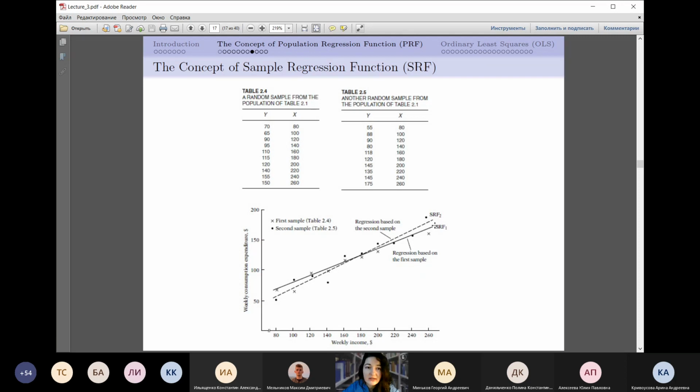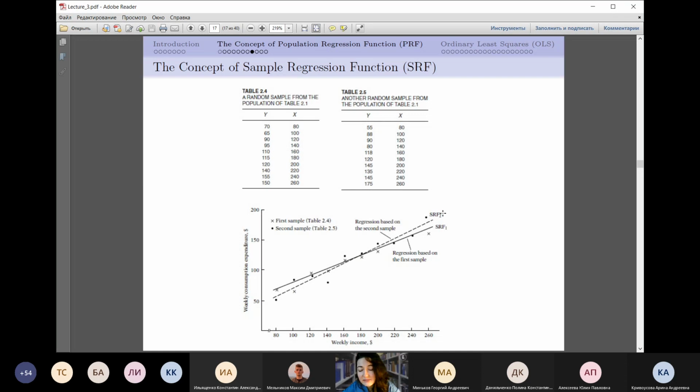Because in general, there is no way that we can be absolutely sure that either of the regression lines in this figure represents the true population regression line, or maybe not a line, a curve. If we have, for example, another sample, and we draw one more line here, imagine that you can see sample regression line number 3.